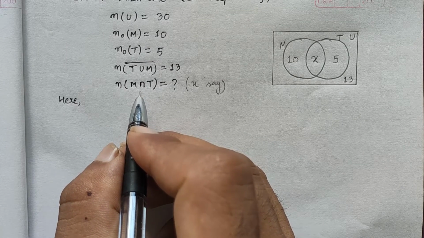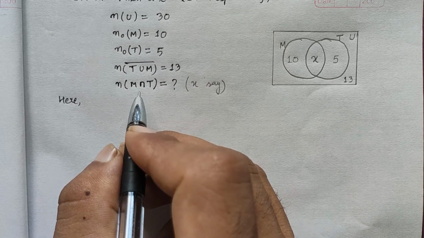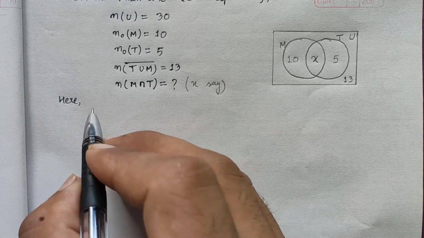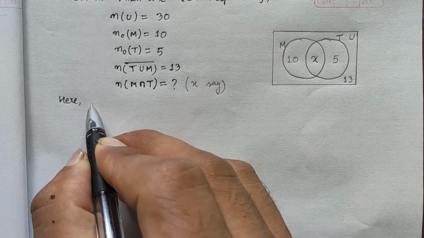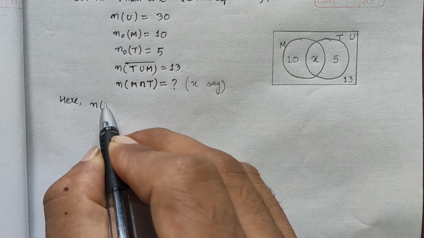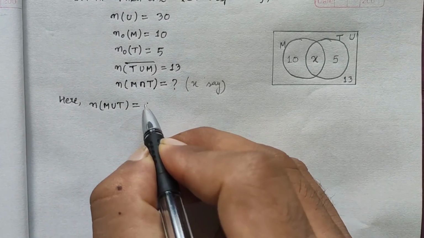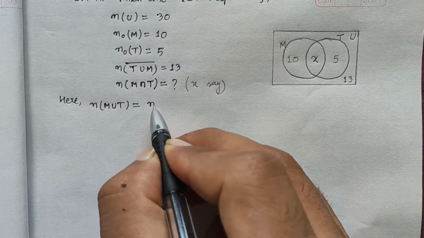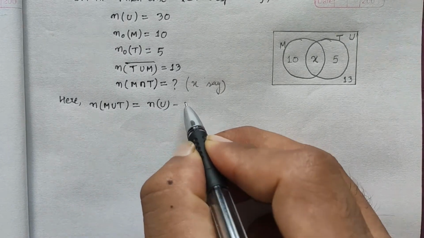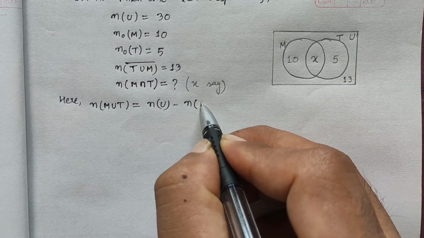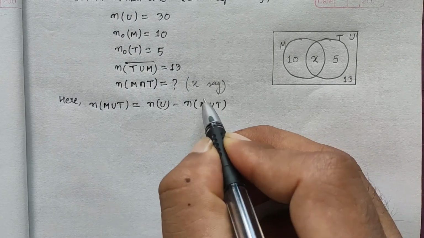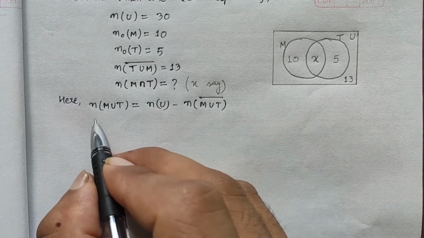If you know the union, then you can easily find the intersection part. So here we will find the union first. M union T, or A union B, is n(U) minus n of (A union B) complement. So that's our formula.